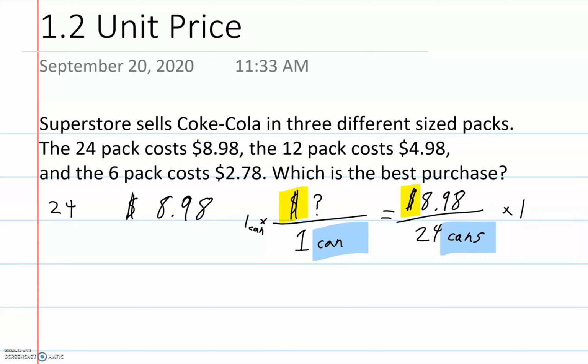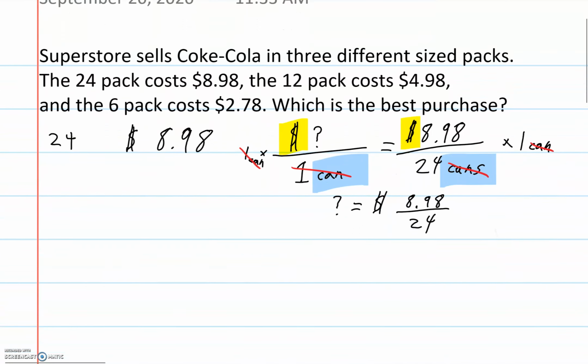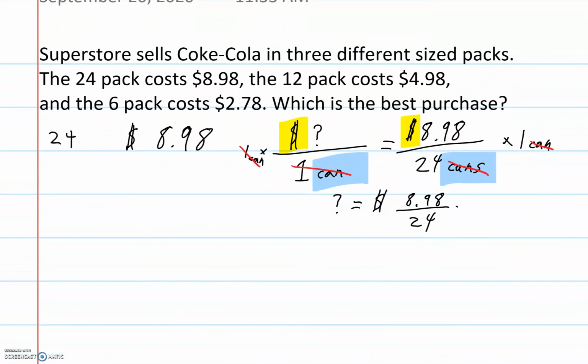But we are multiplying by one can, which helps us out because we can cross off one can over here, and we can cross off can and can here, which means that our unknown dollar amount is exactly however much that ends up evaluating to be.